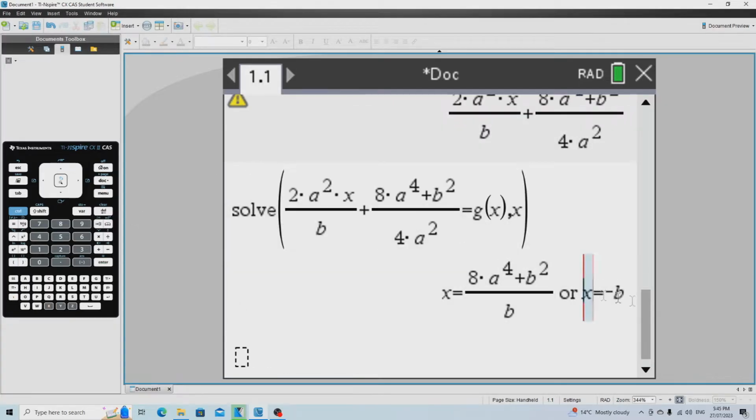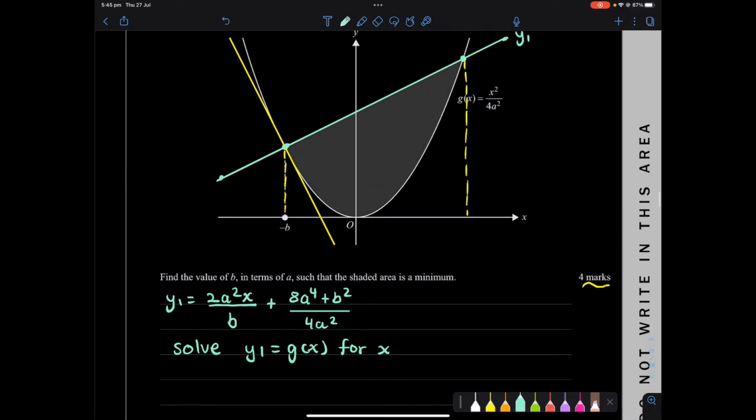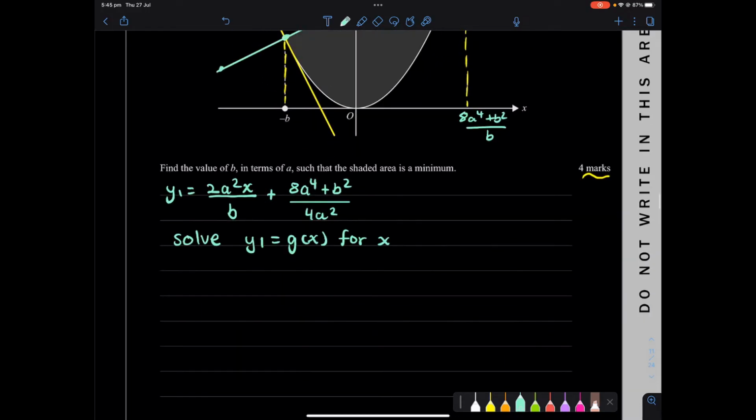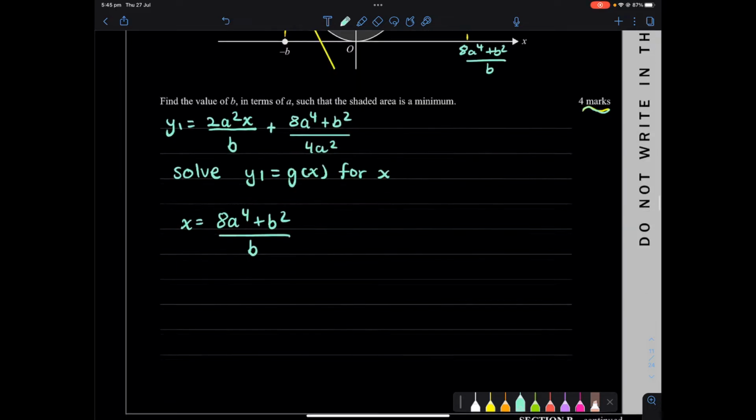Okay, so x is minus b, which is this over here, and the other value is 8a to the power 4 plus b squared over b. We're just going to write it over here. We want to make sure we show so much working out because we have 4 marks we need to obtain.